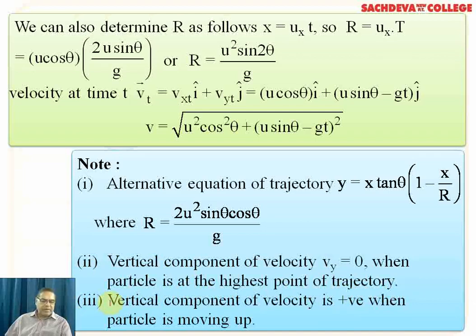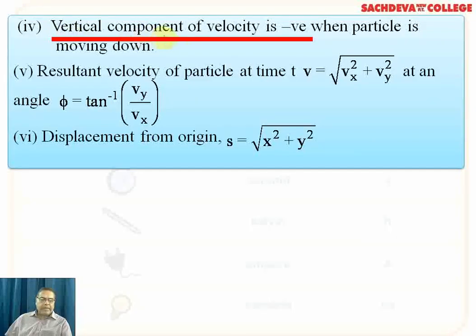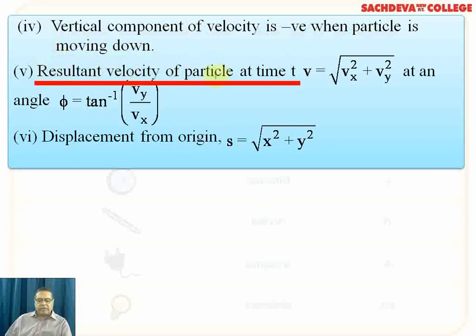Now, in the third point, you can remember that the vertical component of velocity is positive when the particle is moving up. The vertical component of velocity is negative when the particle is coming down, and the resultant velocity of the particle is calculated from the rectangular components of the velocities.